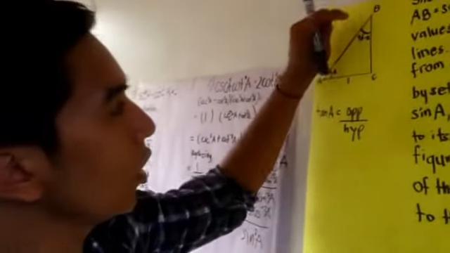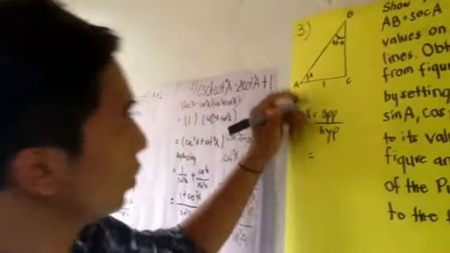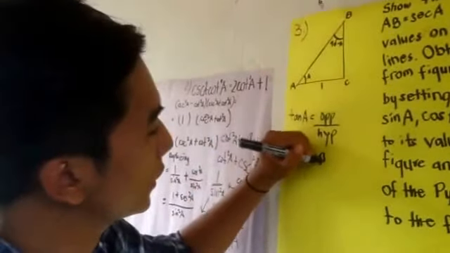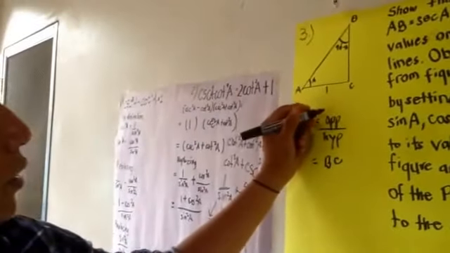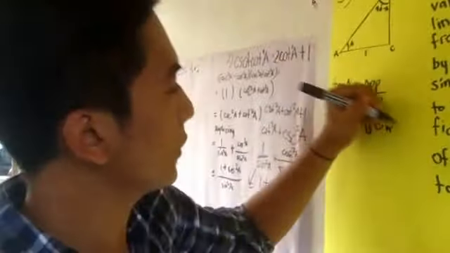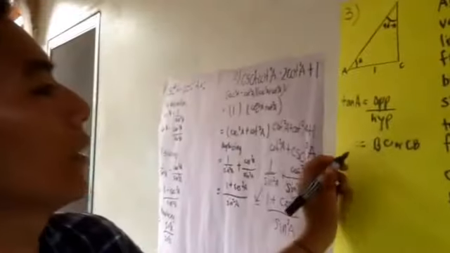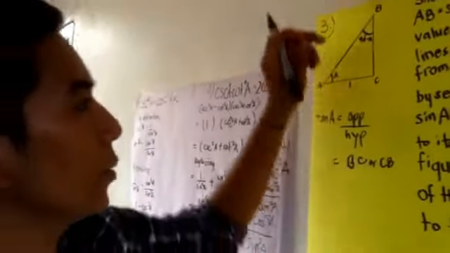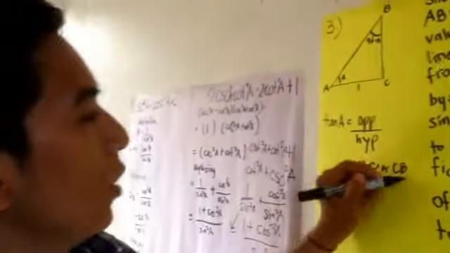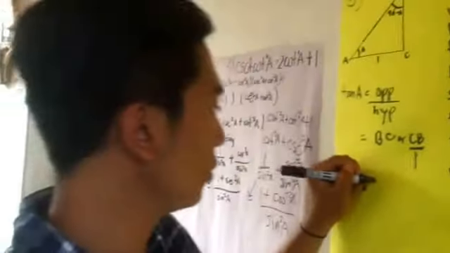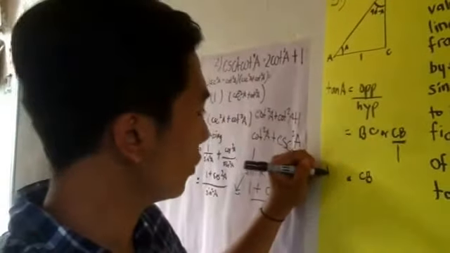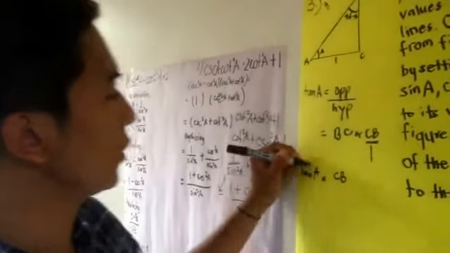But the opposite side is equal to side BC or side CB. So side CB all over 1, it's equal to CB. So tan A is equal to CB.